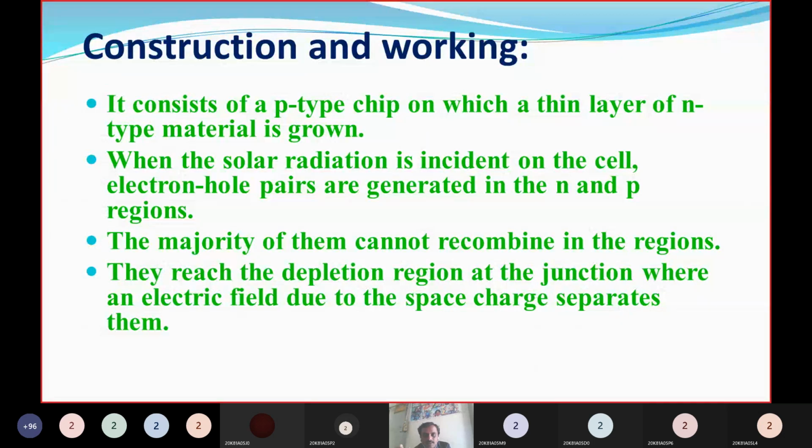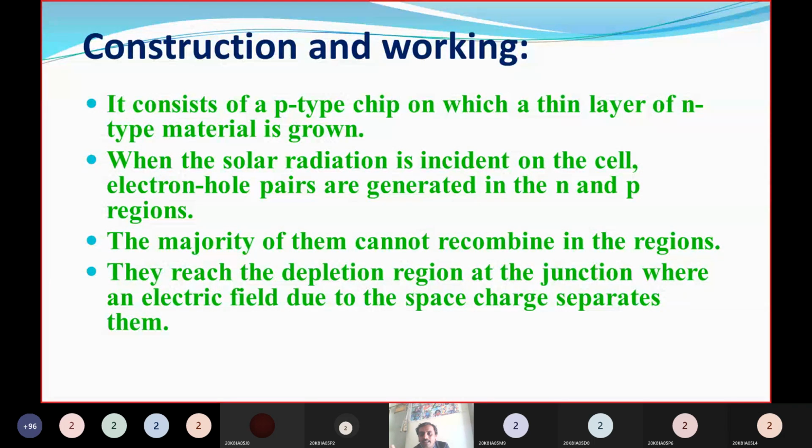We are not connecting any reverse bias or forward bias; it is just the p-n junction diode kept in the presence of solar energy. Whenever solar light is incident on that p-n junction diode, the light is absorbed by both the p region and the n region, and electron hole pairs are generated.